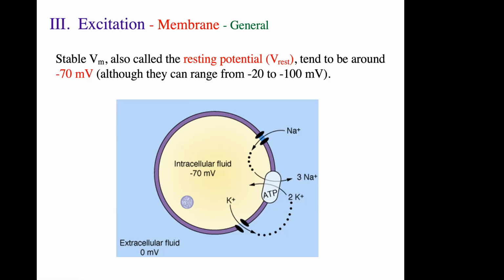The gradient gets sufficiently large where we end up getting some leakage of sodium back into the cell, potassium back out of the cell through passive ion channels that exist in the membrane. And at some point, the chemical gradient and the electrical gradient, we've talked about this before, are going to come into balance such that the flux of sodium and potassium will reach an equilibrium, and we will have no more net flux of sodium or potassium in either direction across the membrane. We all get that? Okay, cool.